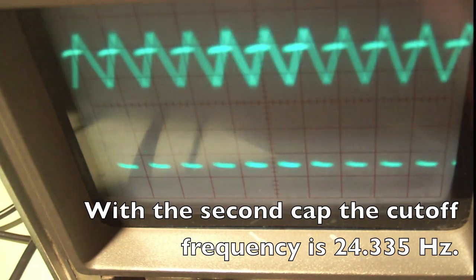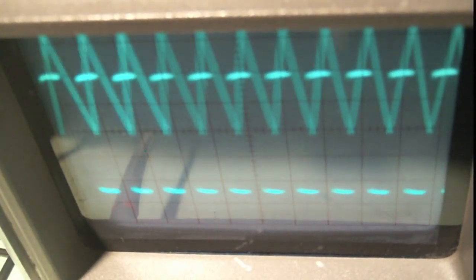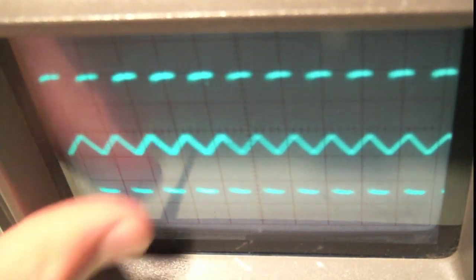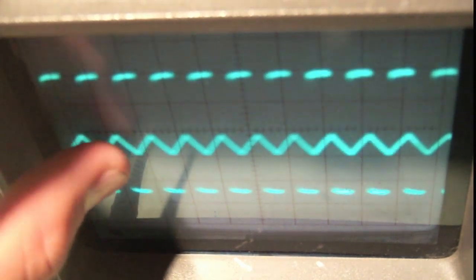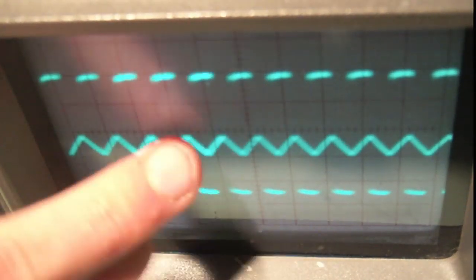And okay, now if we put in the capacitor, take out the capacitor, put in, out, in, out. So you can see that increasing the capacitance, switch that down to be the same again, will decrease the cutoff frequency of your RC filter, and that means it'll more effectively cut off this ripple here.